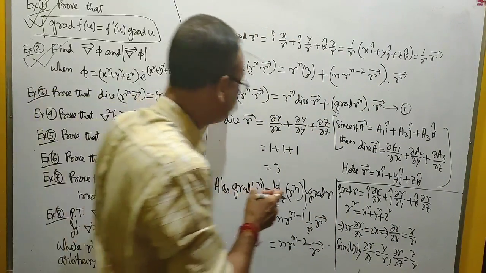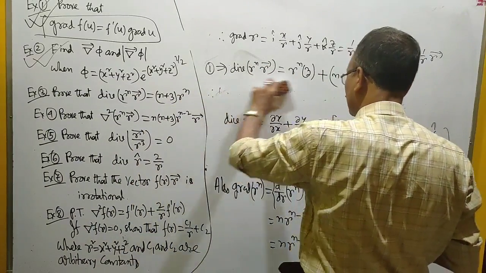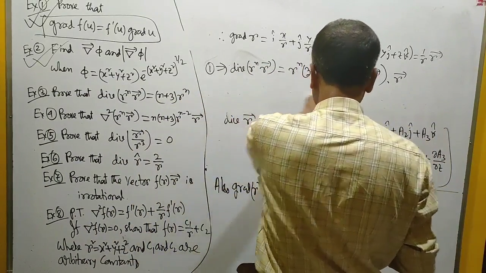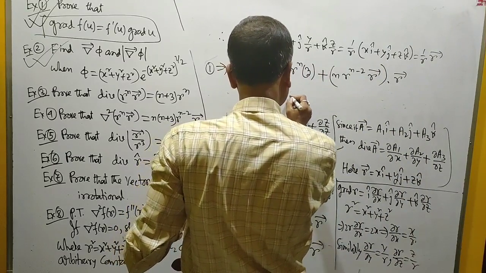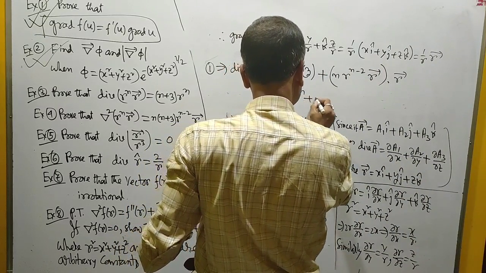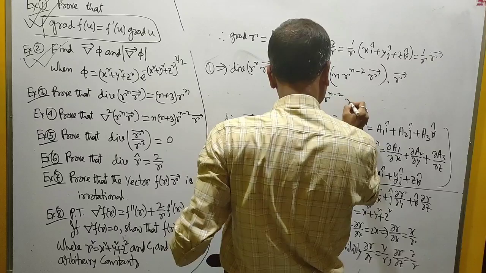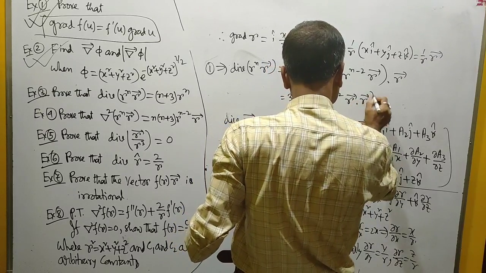Now from this you will get 3 r to the power n plus n r to the power n minus 2 r dot r.